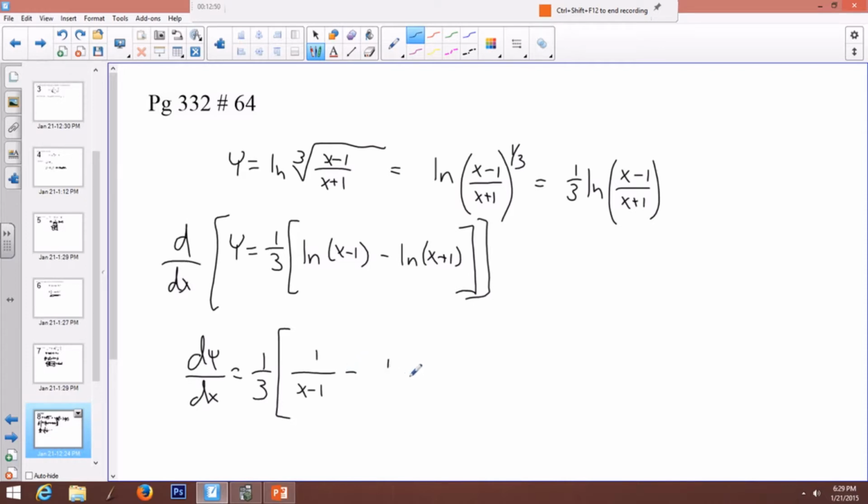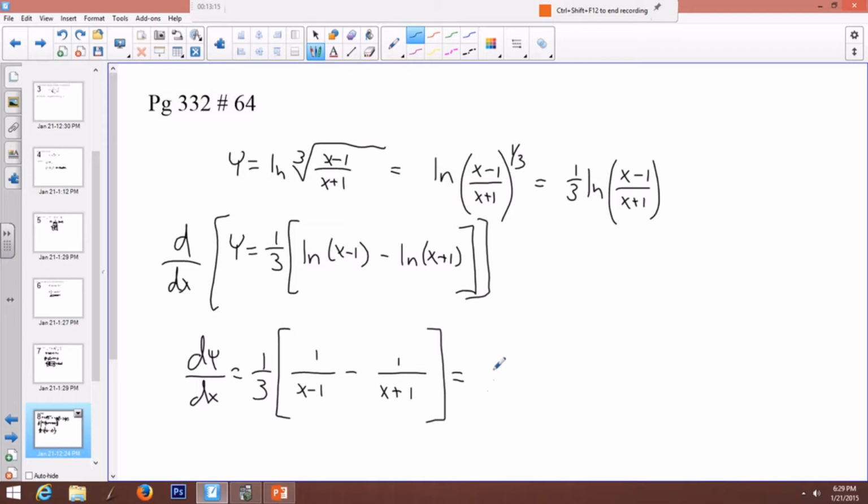Minus 1 over, no ln. The derivative of ln of x plus 1 is 1 over x plus 1 times the derivative of the inside function, and the derivative of x plus 1 is just 1. So again, I'm not going to write it. If you want to distribute the 1/3, you can.